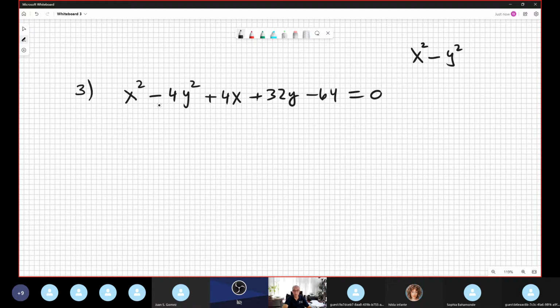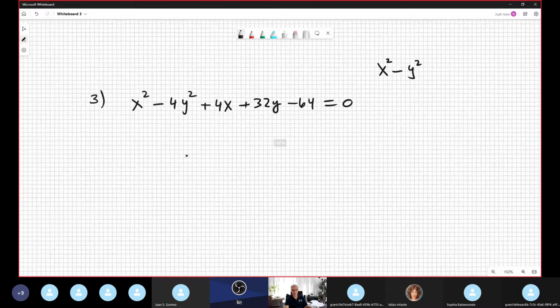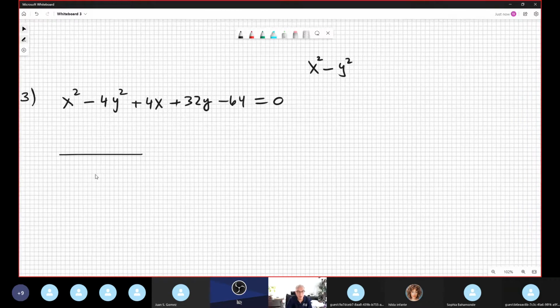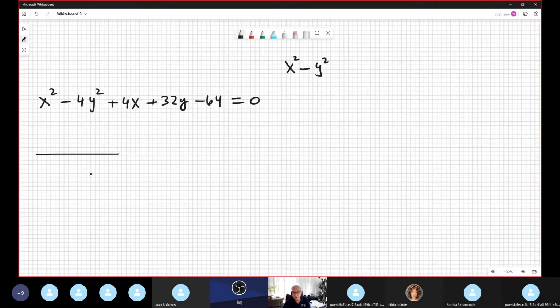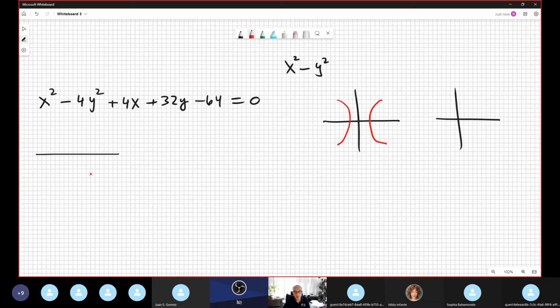What kind of hyperbola? We have 2 kinds of hyperbola, horizontal or vertical. Now remember, the idea behind this is that we have 2 kinds of hyperbola: a hyperbola like that and a hyperbola like that.